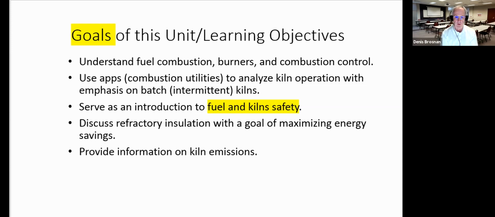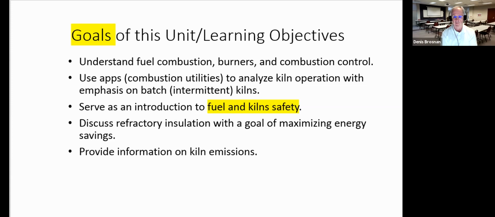Now, it's very important that we talk about an introduction to fuel and kiln safety, because I've been involved in a number of cases where there have been accidents. I was once inside of an oil fire myself. This is not where you want to be. Trust me, it took me a long time to recover from that.